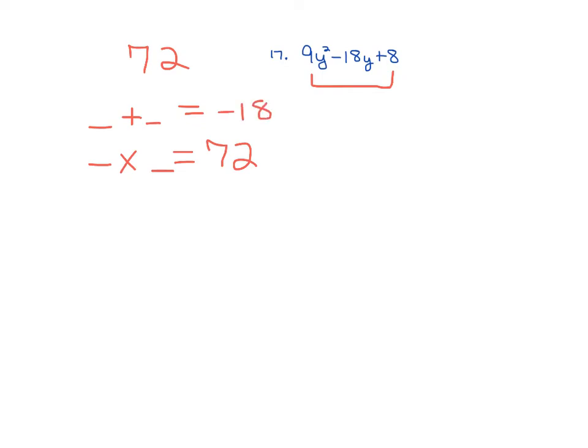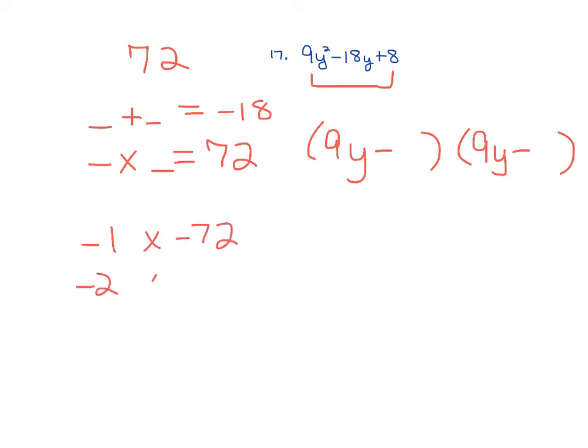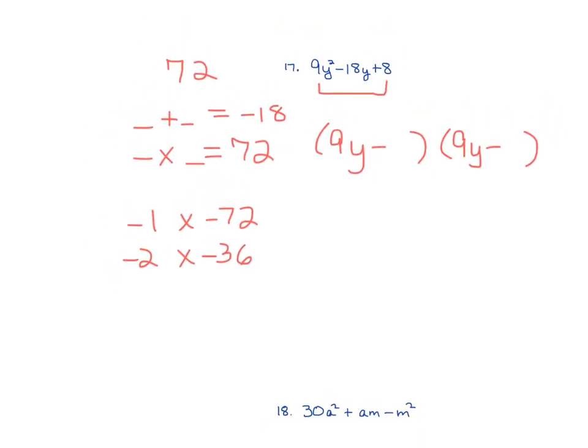Now, you could start your organized list. Notice that both signs are going to be negative to get a positive answer and to get a negative in the middle. So negative 1 times negative 72, negative 2 times negative 36, and you can keep listing until you find the one that's going to give you negative 18. Or you could even break it down. So like if I take what I first started with, the 9 times 8, 3 and 3, 2 and 4, and I can see if I can maybe make a combination.